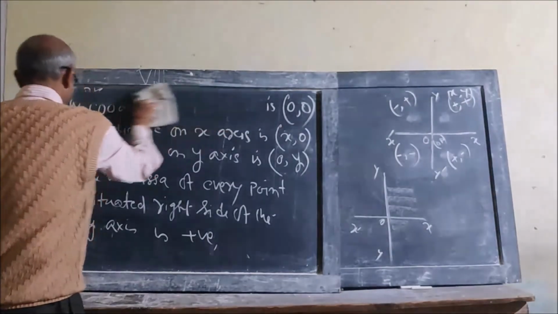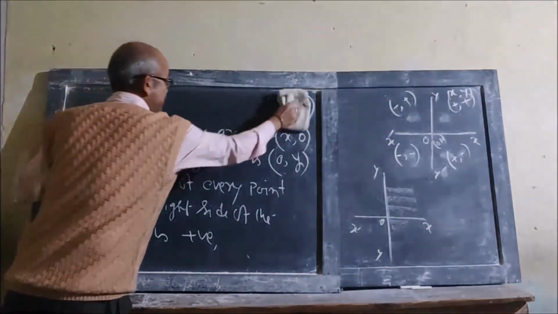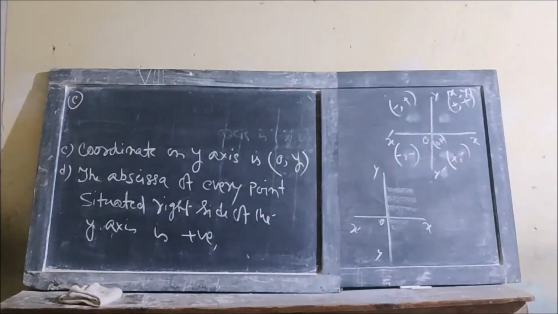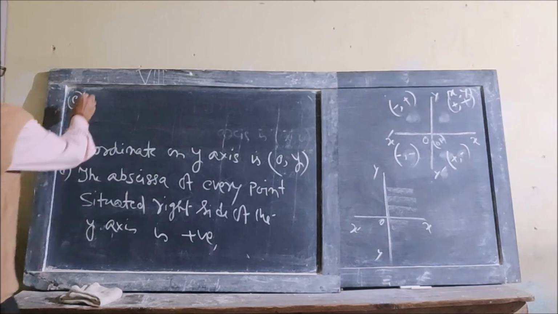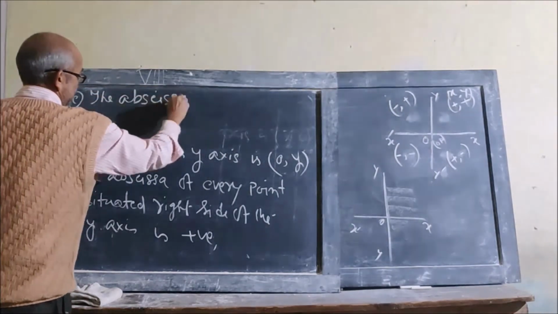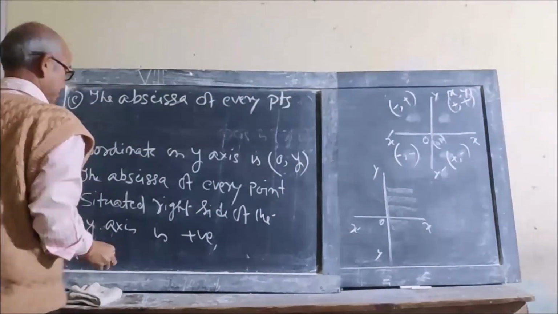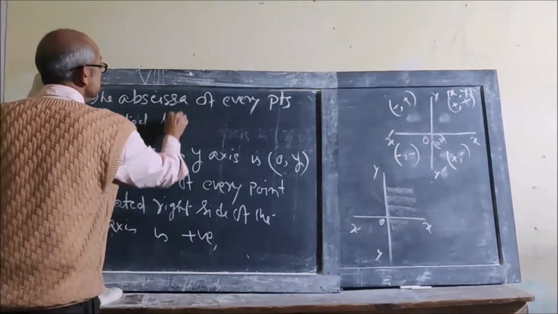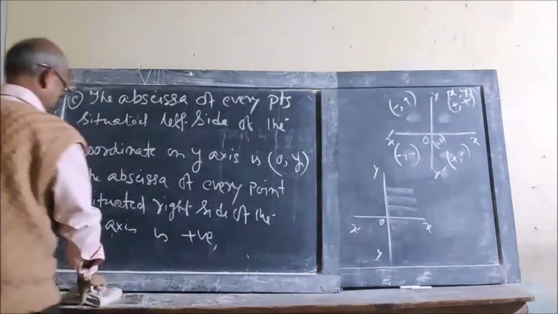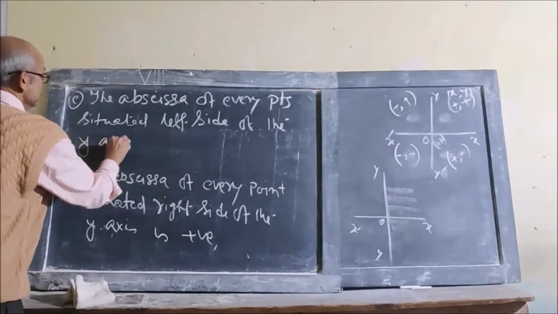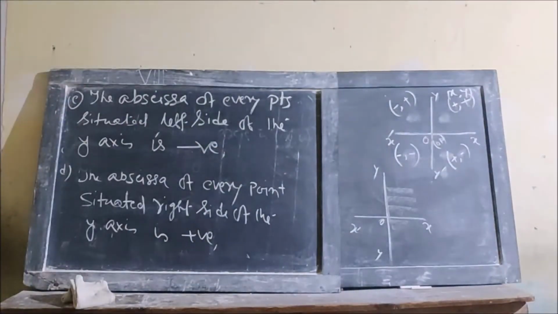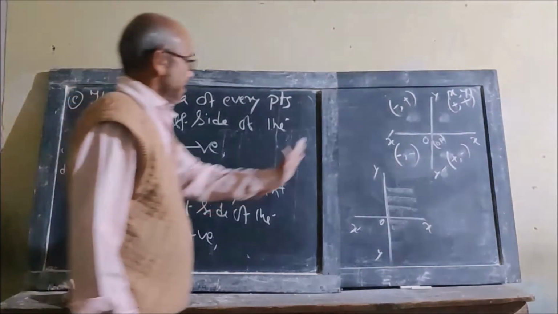Point E: the abscissa of every point situated on the left side of the y-axis is negative.